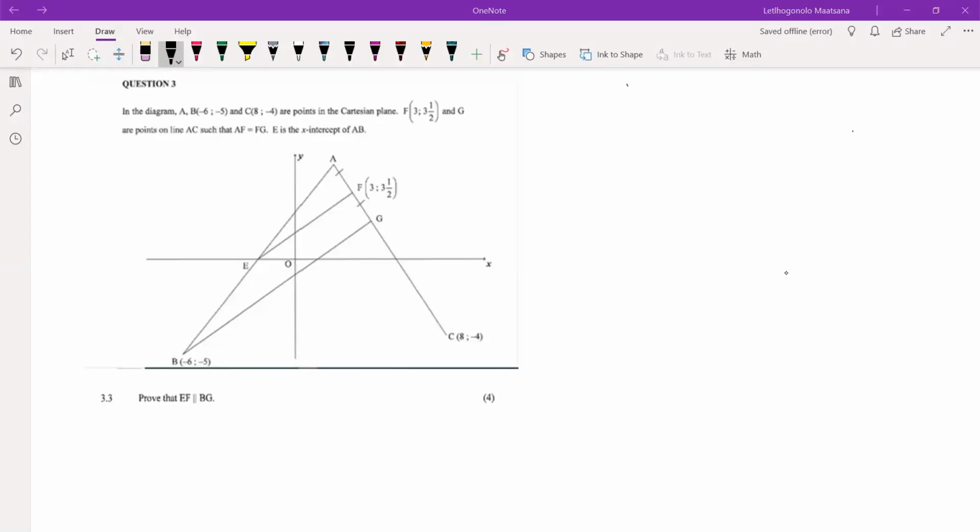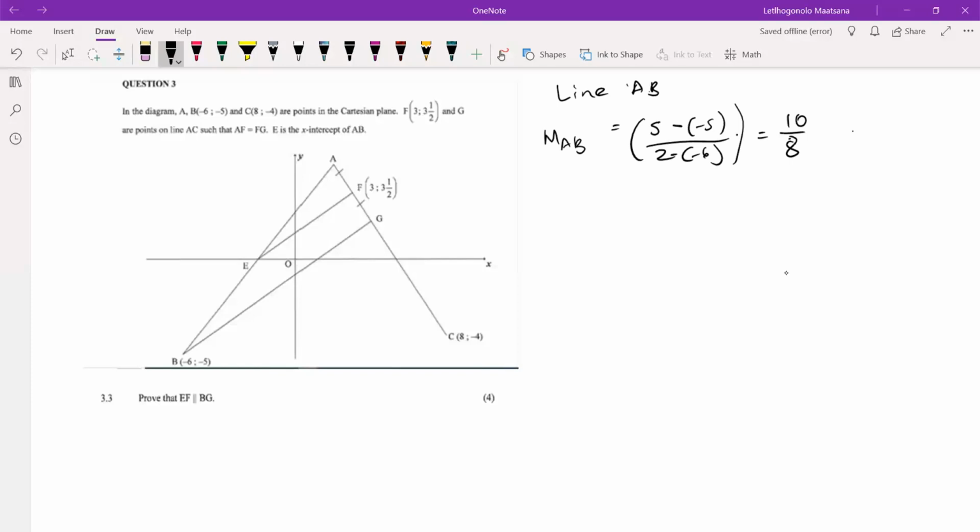For the second method, what we want to do first is calculate the line AB. So first we're going to calculate the gradient of the line AB. We get (5 minus -5) over (2 minus -6), which will give us 10 over 8.